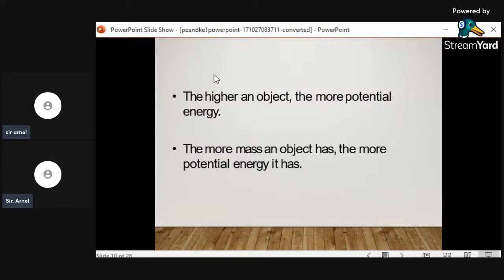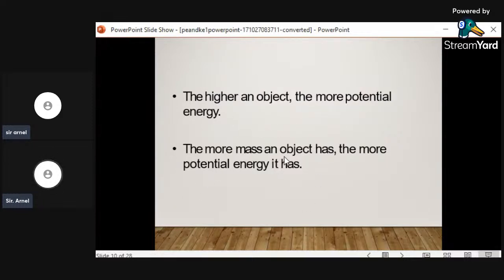The higher an object is, the more potential energy it has. The more mass an object has, the more potential energy it has. Remember this. In this example, which object has more potential energy?